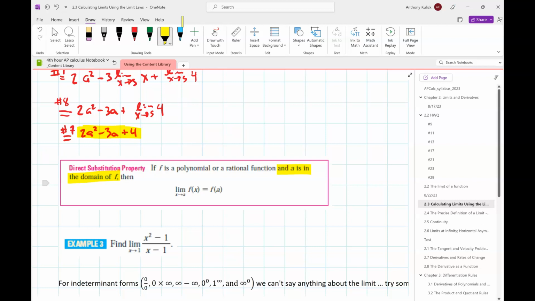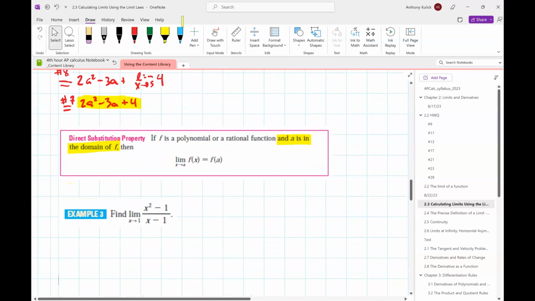It's not okay to use it in that case. And we have to remember this is only good for polynomial and rational functions so far. I say so far. So for example, let's look at example 3. Can I use direct substitution on example 3?